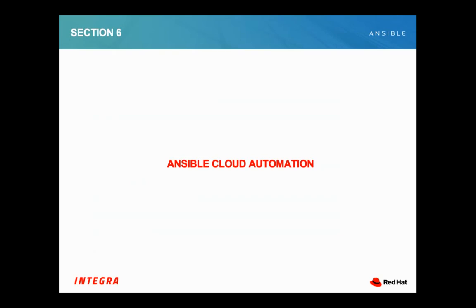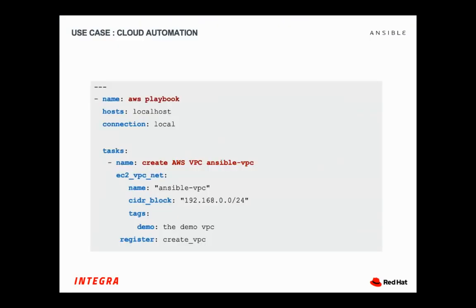Next we would see how Ansible can help you in creating some of the services in the public cloud that are available in the market. Here you can see that we are trying to create an AWS VPC, that is the network in AWS, using a module called ec2_vpc_net.